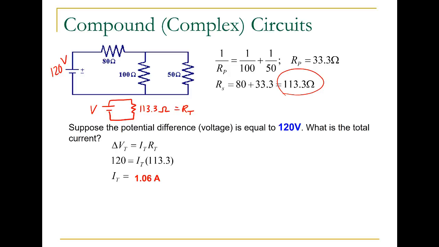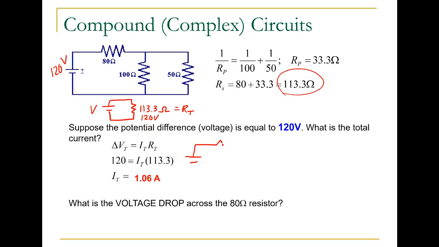Okay, so now what we do is we expand this out, and the voltage would be 120 for this, and because we expand it out one step, let's say we want to find the voltage drop across the 80 ohm resistor.